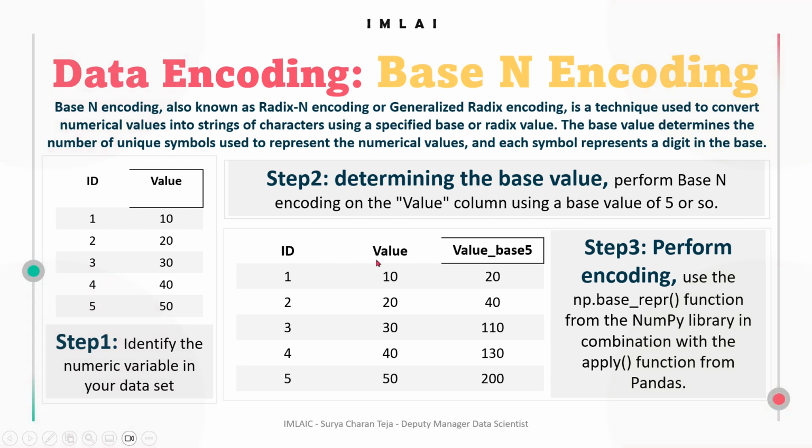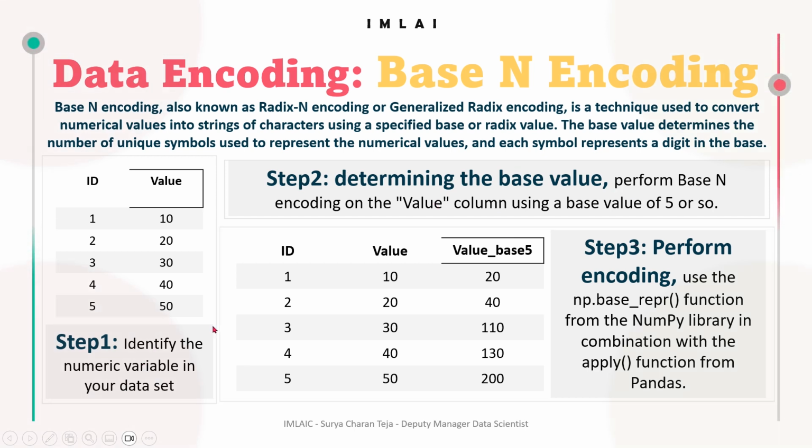Hence, the values 10, 20, 30, 40 have been converted into 20, 40, 110, 130, 200 in base 5. The value initially was in the decimal system, then moved on to a system whose base is 5. That's how base encoding works.